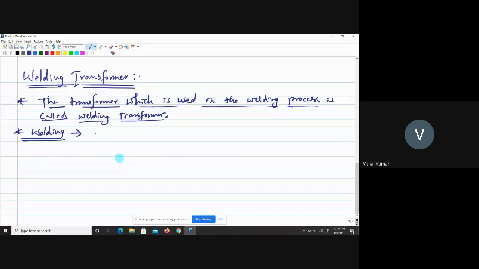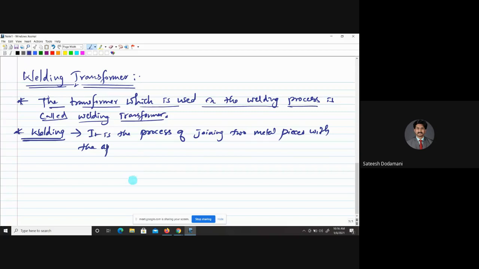Two metallic pieces. So welding is nothing but the process of joining two metal pieces or alloys together by application of heat, and that is called welding or the welding process.